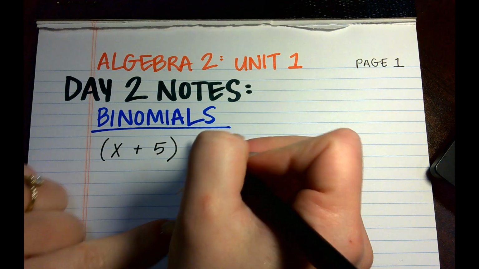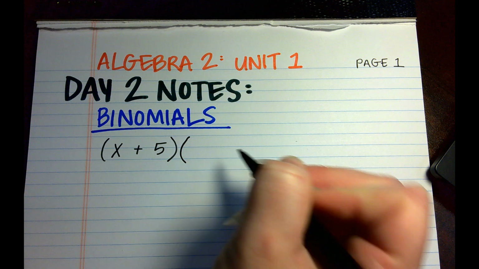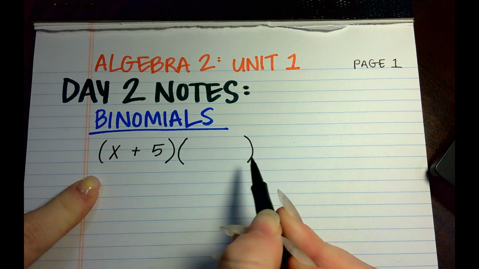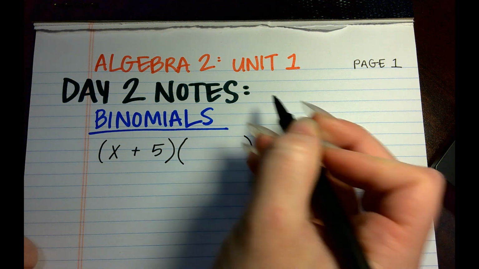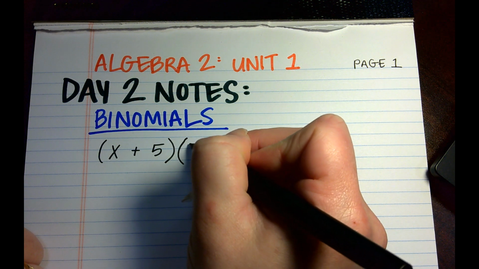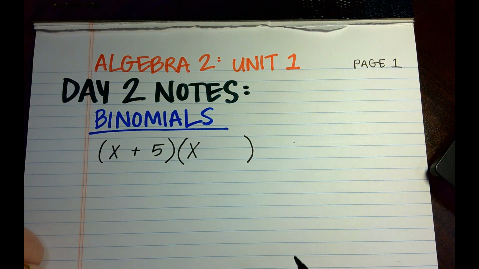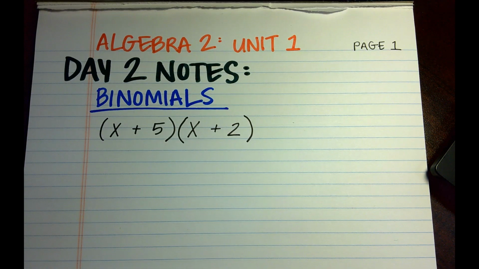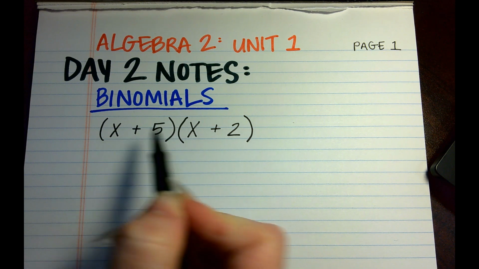But here's where it gets just a little trickier. If I want you to multiply 2 binomials by each other. So what if I had x plus 5, for example, times x plus 2? What would I do if I wanted to multiply these?